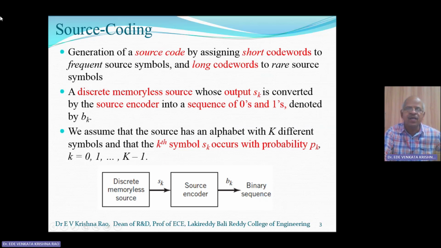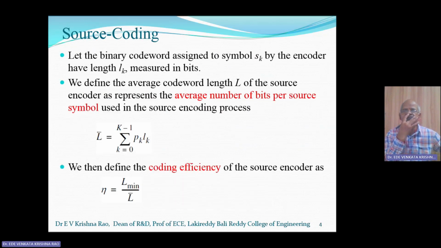Likewise, there are different probabilities, rarely occurring or frequently occurring. So how best are these source symbols transmitted with a few bits or more bits? That is what source coding is at the source level.